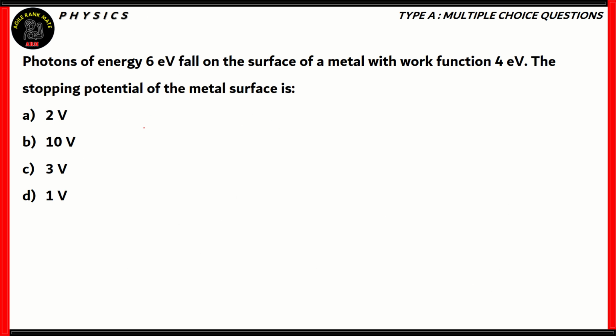Next question. Photons of energy 6 electron volts fall on the surface of a metal with a work function of 4 electron volts. We need to find the stopping potential of the metal surface. So, how do we solve this question?